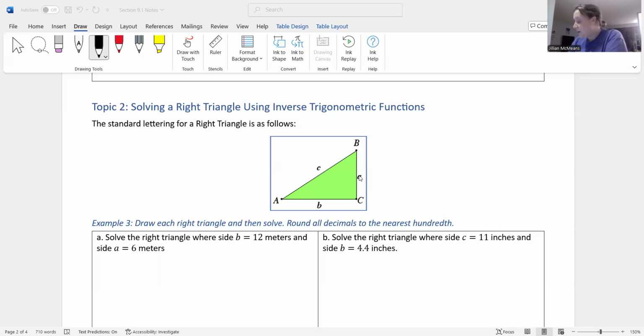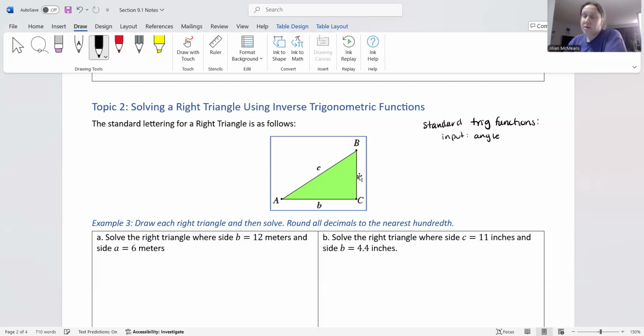Now, we do need to remind ourselves of just a couple of things. When we're dealing with these inverse trig functions, we have to be a little bit careful with them. Remember a couple of things. Standard trig functions, the input is an angle.